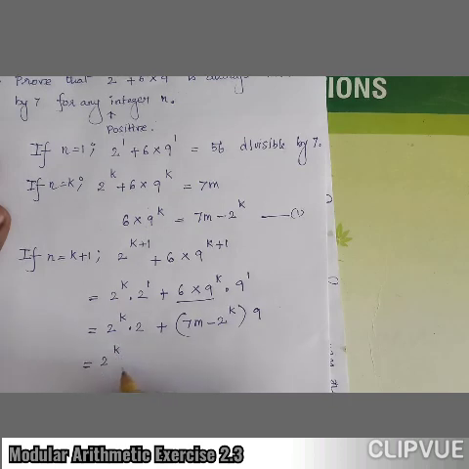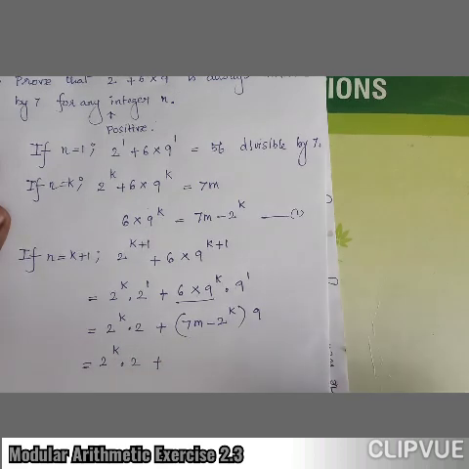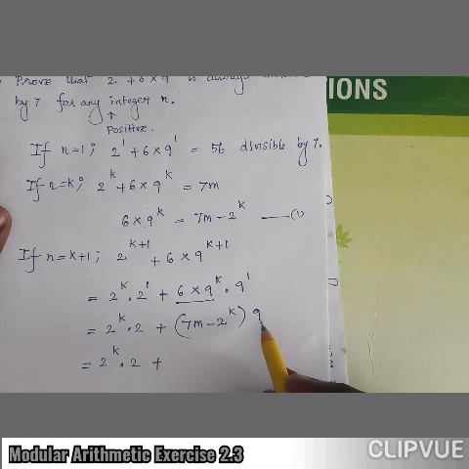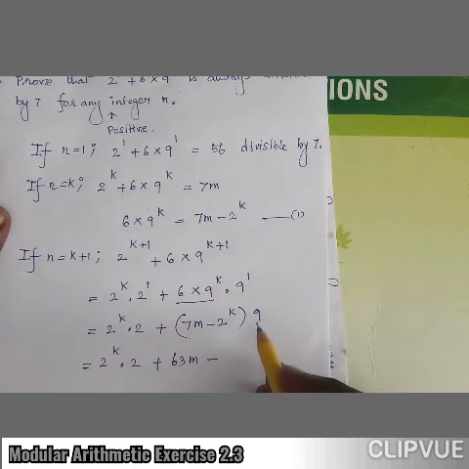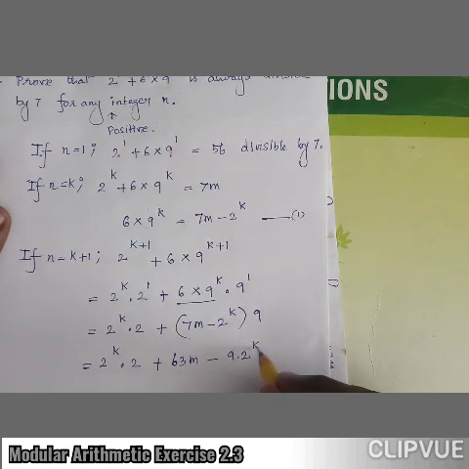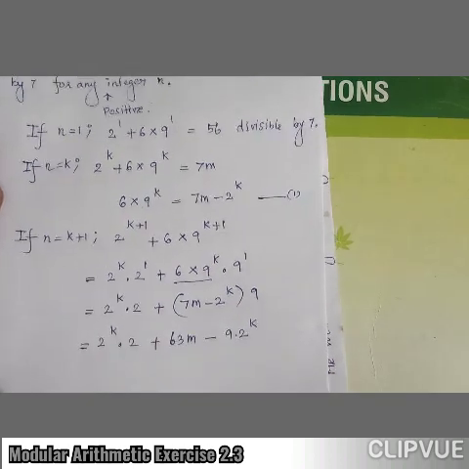So 2 power k into 2 plus 7m into 9. What is the answer? 63m minus 9 into 2 power k.